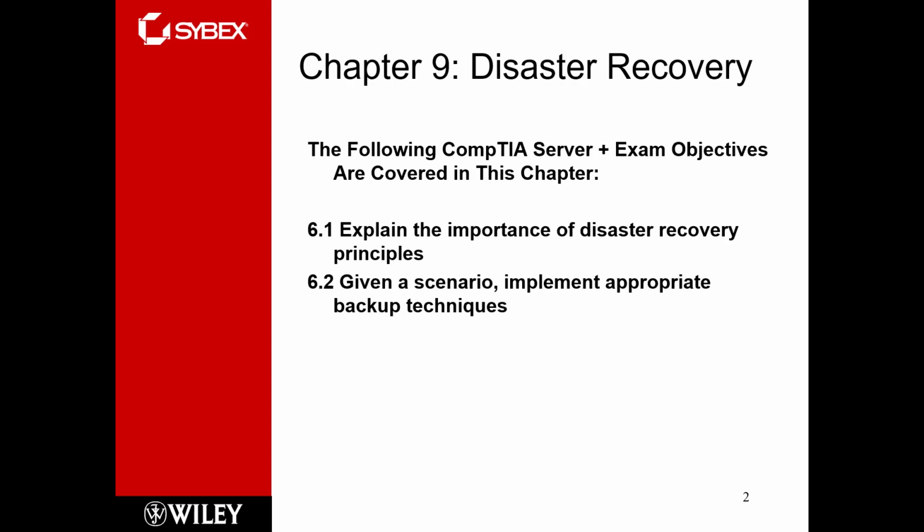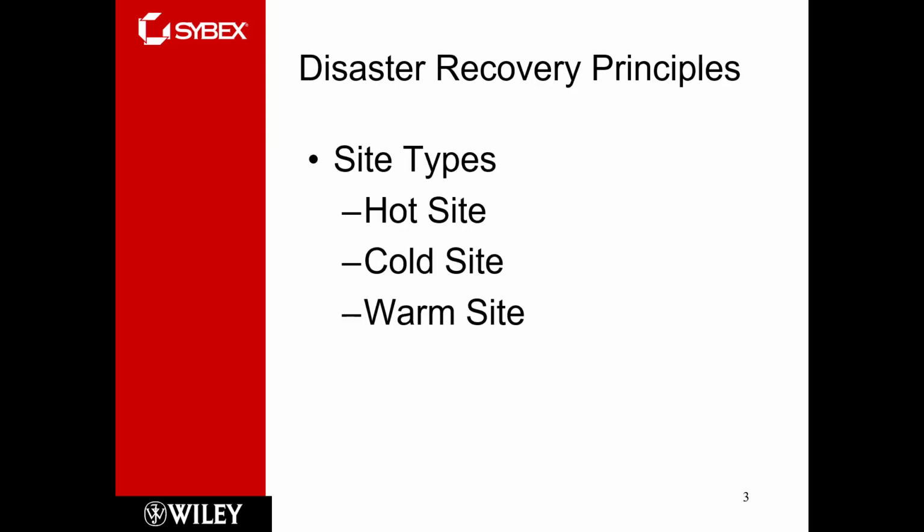So the first major principle that we're going to be talking about in design is going to be hot sites. If there is an issue with your primary physical location, do you have a backup location? And that is what it means by site types. We have three main site types: a hot site, a cold site, a warm site.